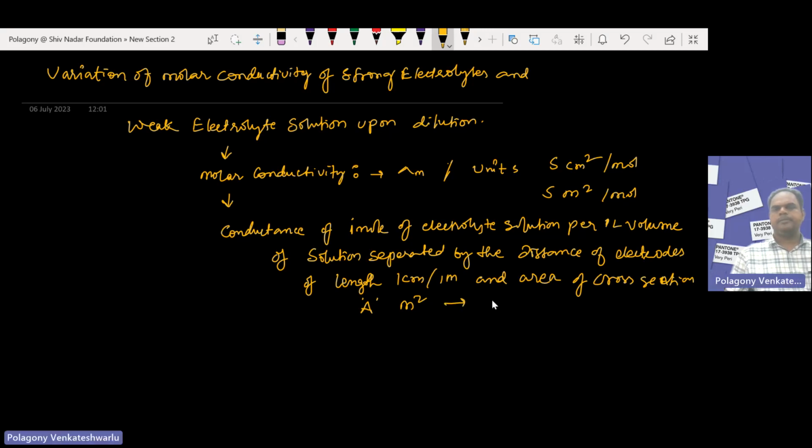This is called the molar conductivity of the solution. So lambda m is the symbol.